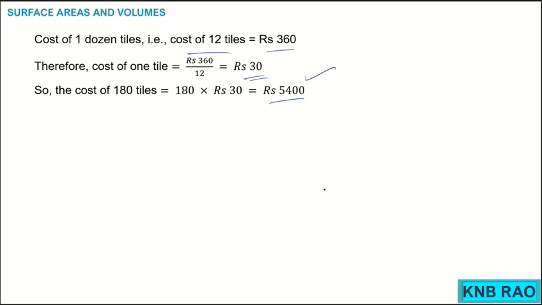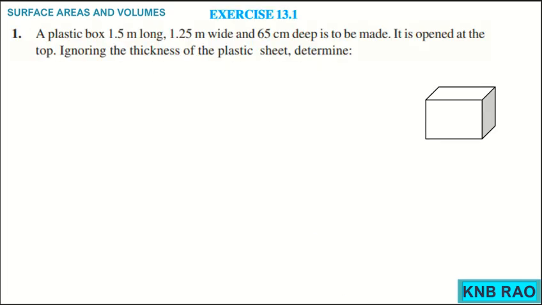Now let us go for exercise 13.1. There are totally 8 questions in it, but I will be solving 1 or 2 questions for today's session. So coming to question number 1: a plastic box of length 1.5 meter, 1.25 meter wide and 65 centimeter deep is to be made.